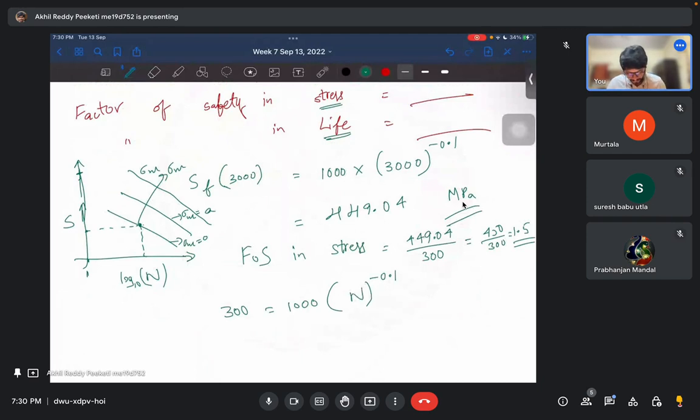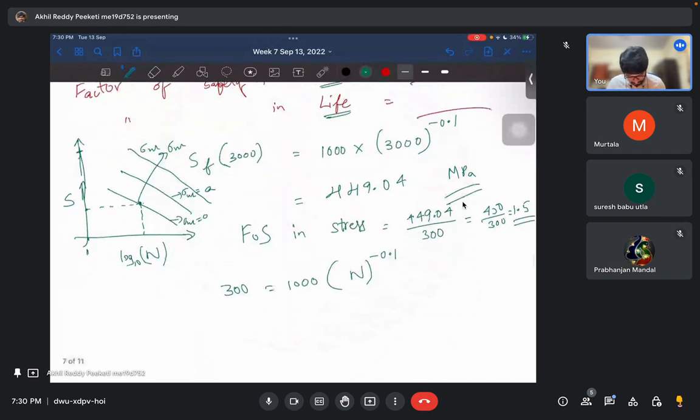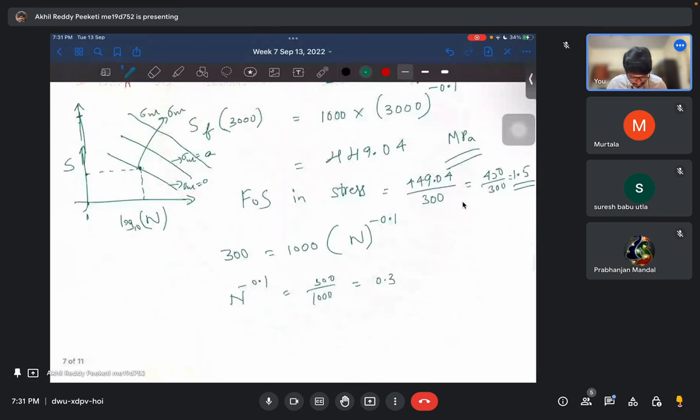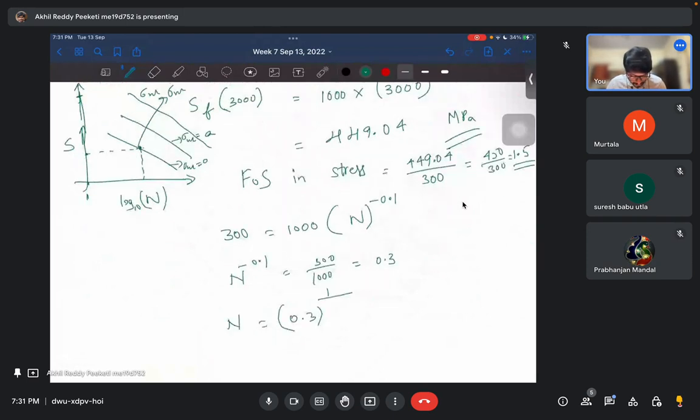Now this would give N to the power minus 0.1 equal to 300 by 1000, so 0.3. Is this clear? Let me check this value, 0.3 to the power of 1 by minus 0.1.